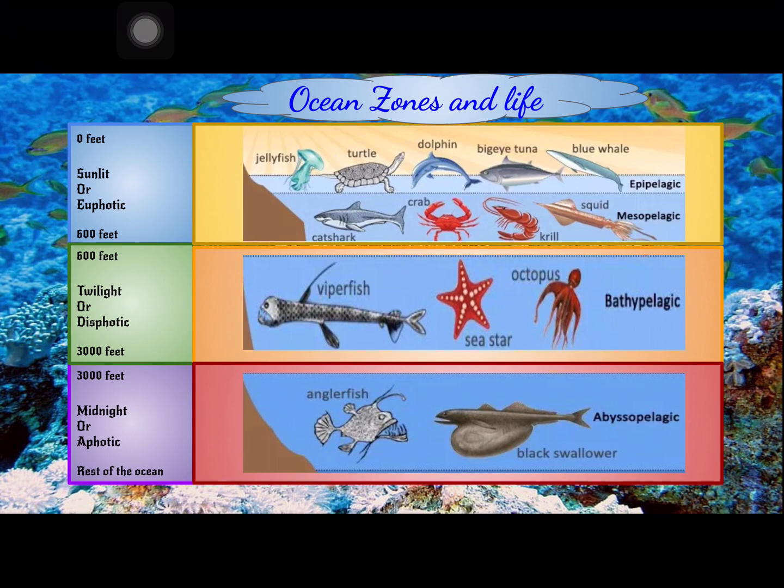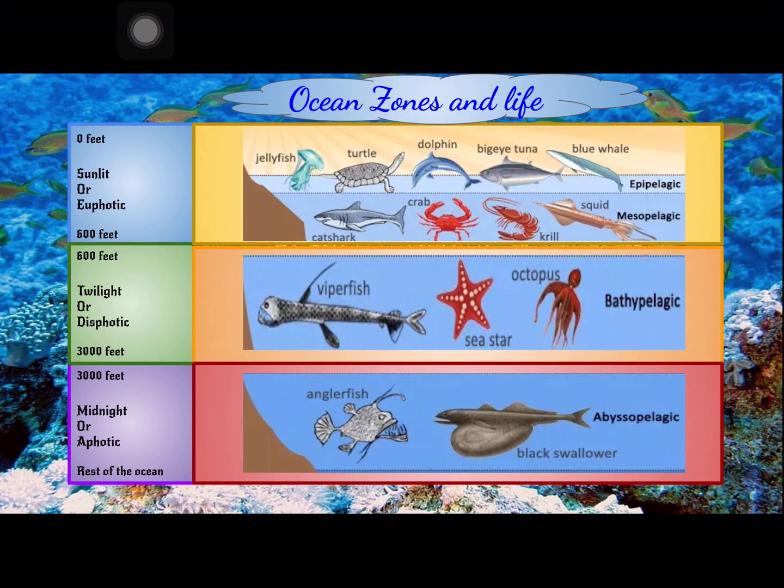And finally, in the midnight or aphotic zone, very unique animals live, like I told you before, and a couple of them are anglerfish, which are called unique because of their antenna.